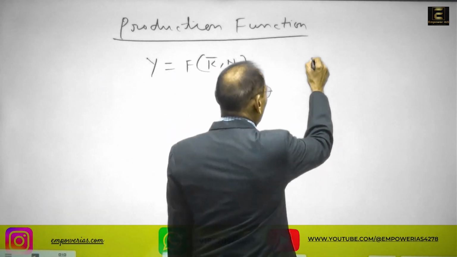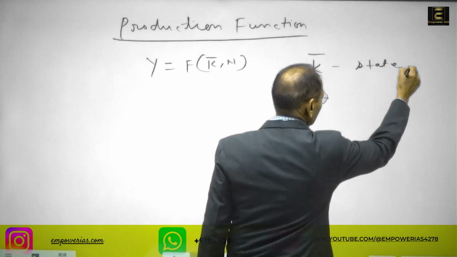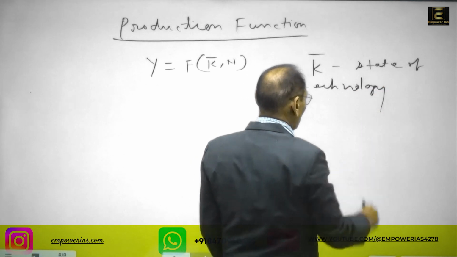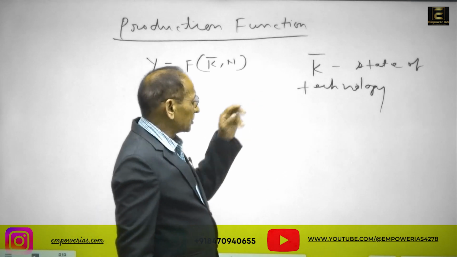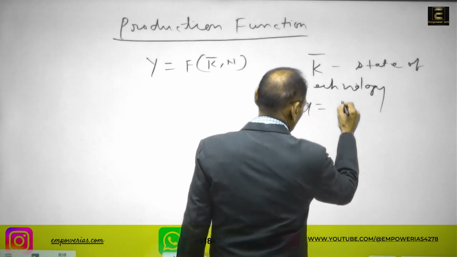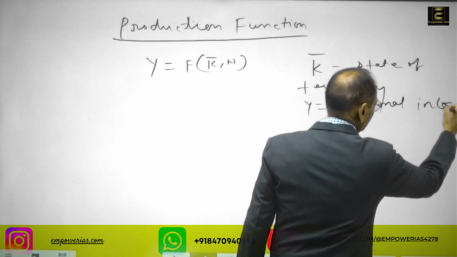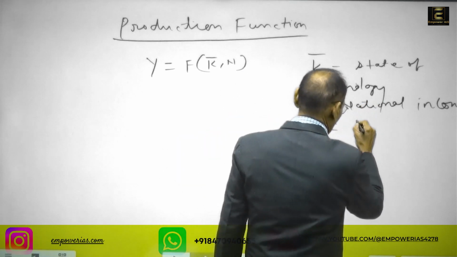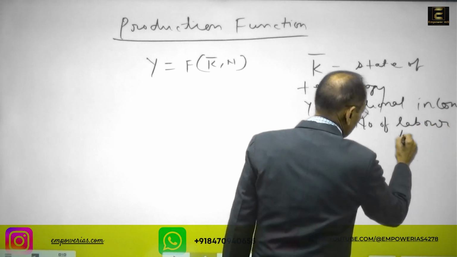where k bar is the state of technology, and bar denotes a constant. This technology is constant, y is national income, and n equals the number of labor force.